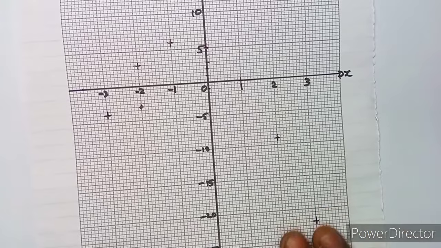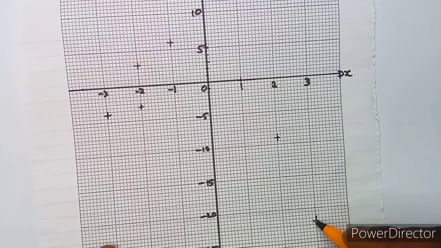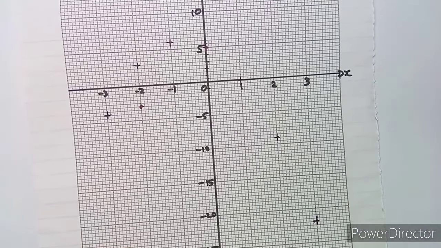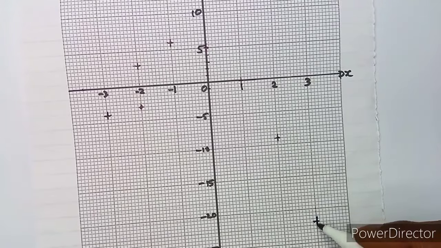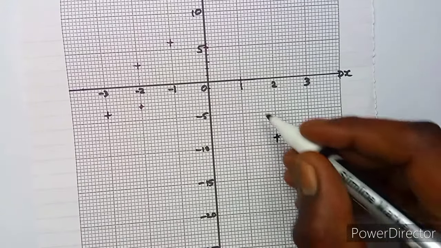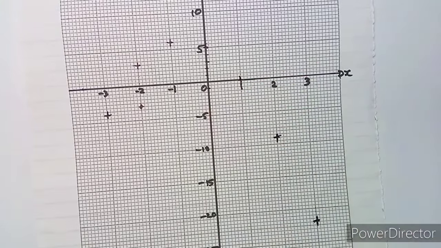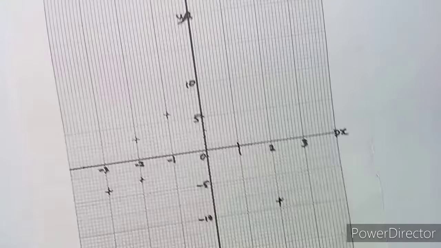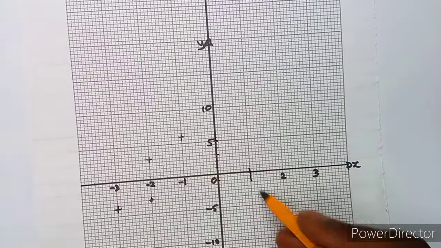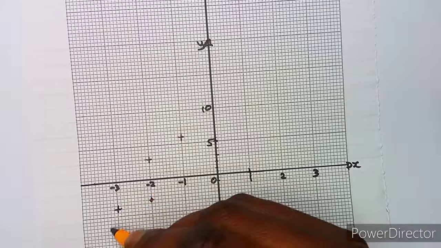All right, so these are the points, and make sure that your points are visible enough. These are the points that you're going to join properly. Take note there's a turning curve here, so make sure you join properly.